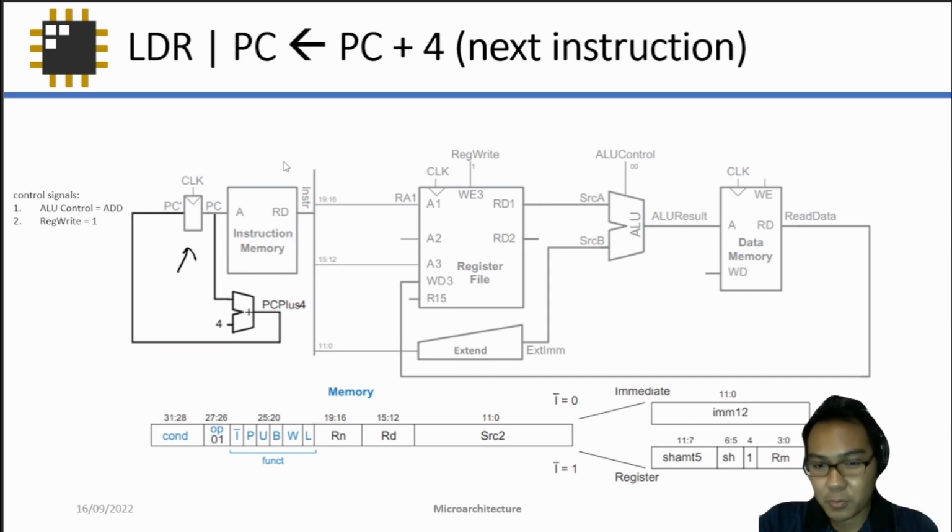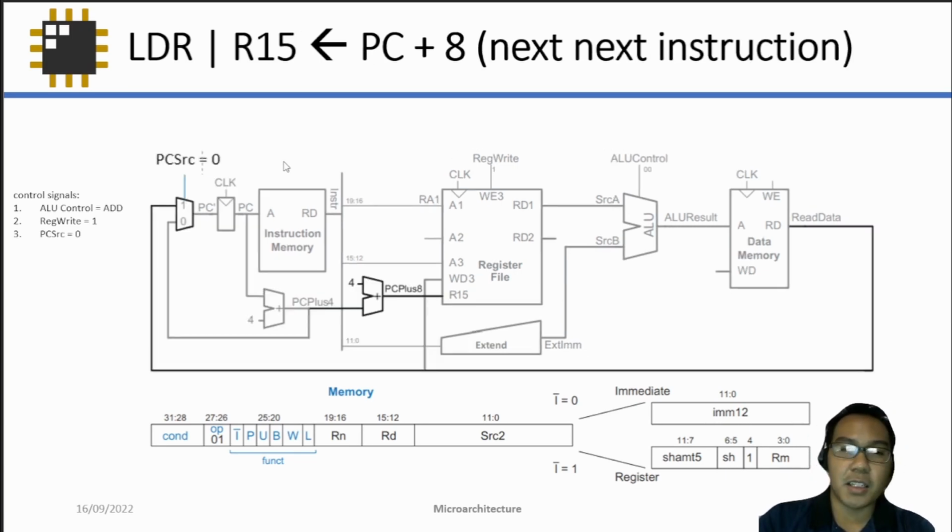But we don't want PC plus 4 every time. So what we're going to do is sometimes take something else for PC. Usually it's PC plus 4, but sometimes we want to use some branch instructions, right?